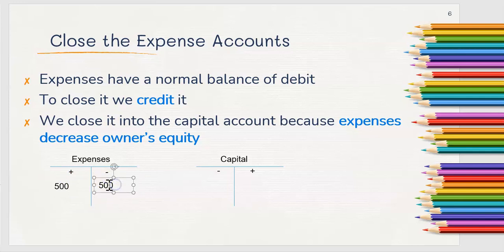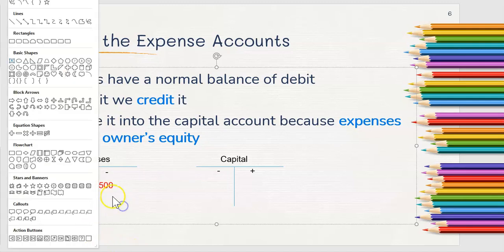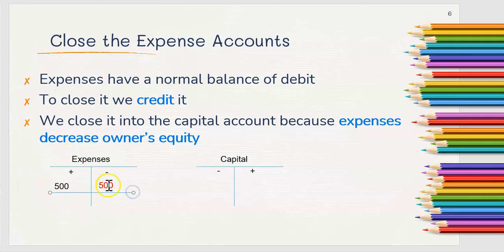And once I did that, I could now put a zero balance in. And remember that zero is going to be on the debit side because it's a normal balance of debit.